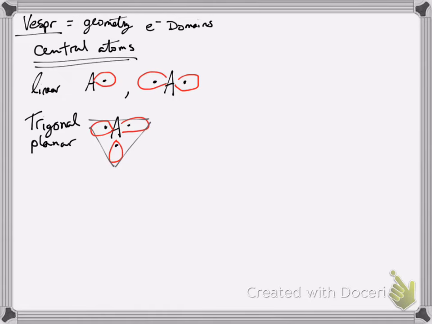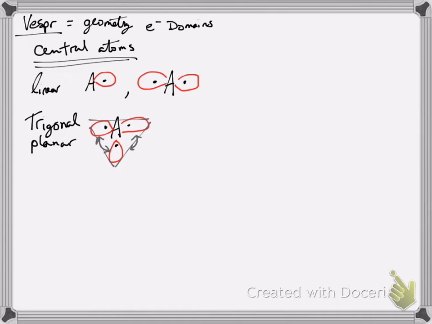And the reason why they're all in one level is that we have a repulsion between these negatively charged electron domains. So that is a key to VSEPR theory, that because there's electrons that are negative in the electron domains, the domains are all negative, so they all repel each other, which is something that we know.